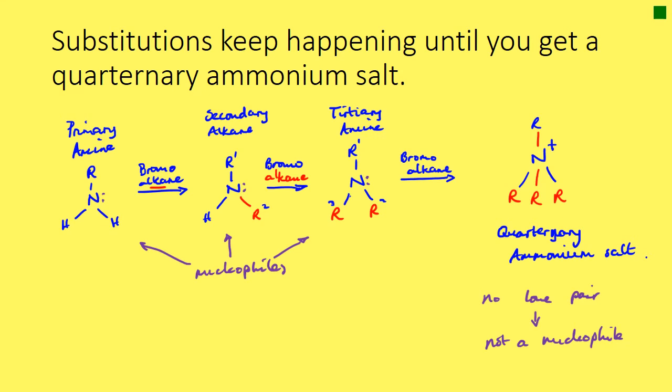Okay, so we have the same bit that we started with, but the alkane bit of the bromoalkane substitutes one of the hydrogens using that mechanism that we've been through in detail in the last couple of slides, and that happens again in a further substitution.